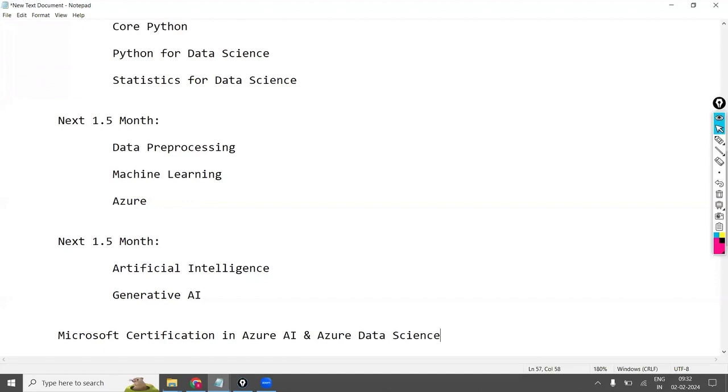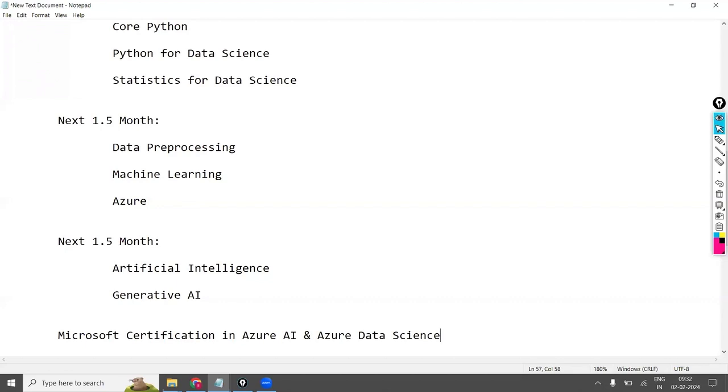Artificial intelligence is separate, data science is separate. Two certifications are there in Microsoft. You can take both of them. The syllabus will be covered. Certification fees you have to pay. If you are interested, you can pay. If you're not interested and don't want to pay the certification fees, you don't need to pay. That is your choice. My part is to cover the content. Content will be covered, right?